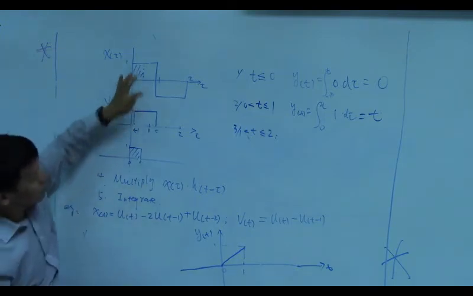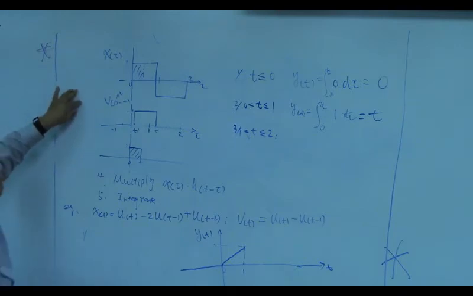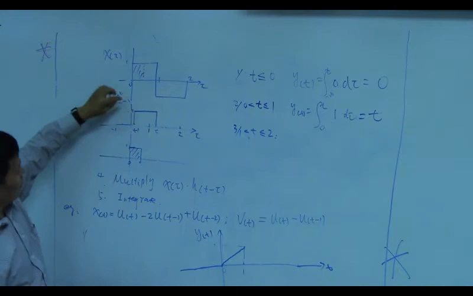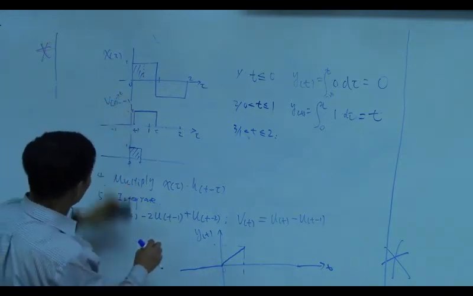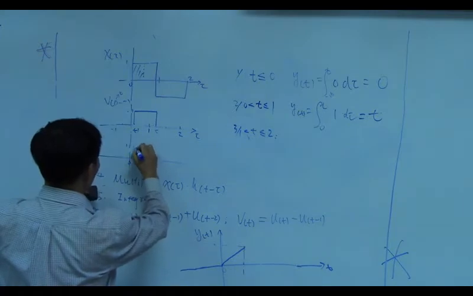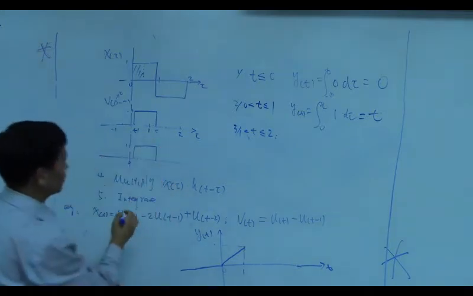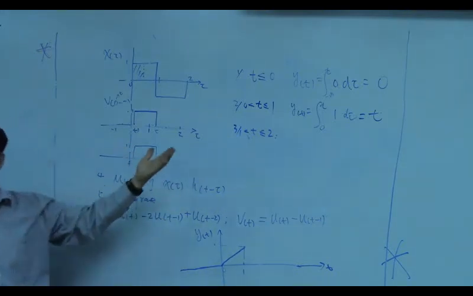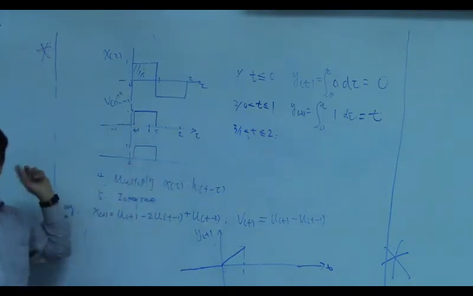Okay, this one multiplied by this. On the top, that is 1. This is all 1. So what's the result? The result must be from here to here, right? Because this is the only window that is non-zero. Outside the window equals 0. So we don't care about this.